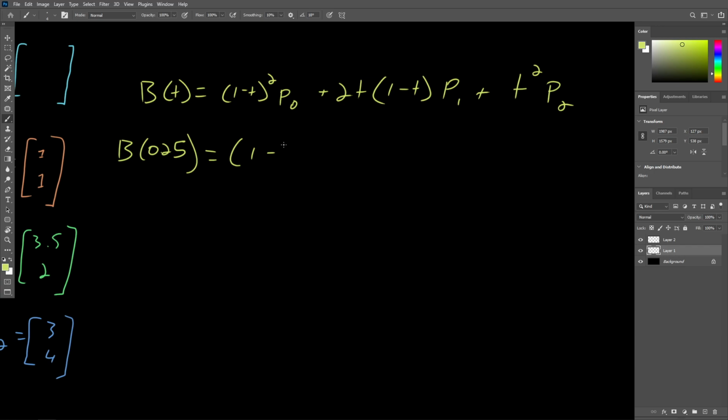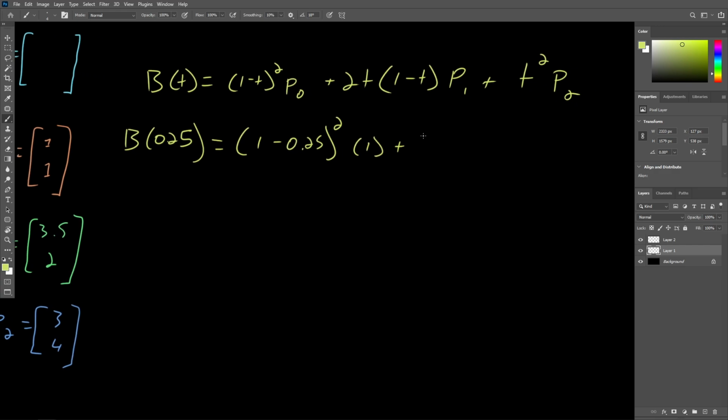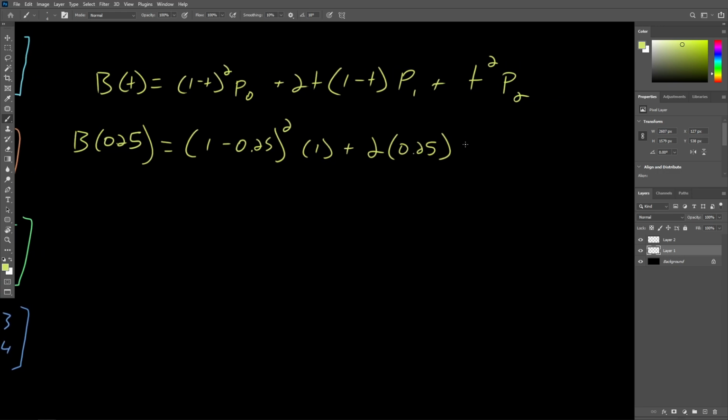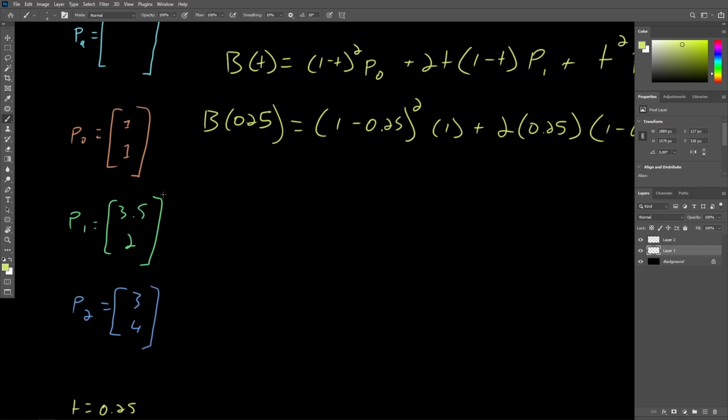So for the x components, that will be 1 minus 0.25 squared times 1, right, so times the x component from p0, so times 1, plus 2 times 0.25, and then we've got times 1 minus t, so 1 minus 0.25, times the component from p1, right?